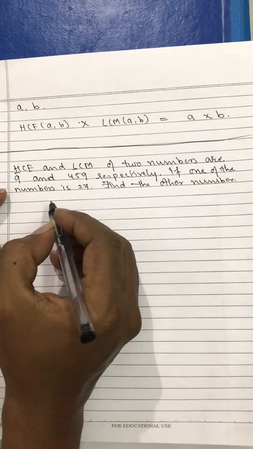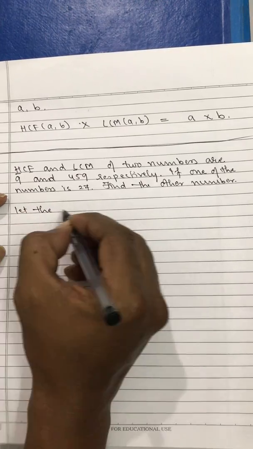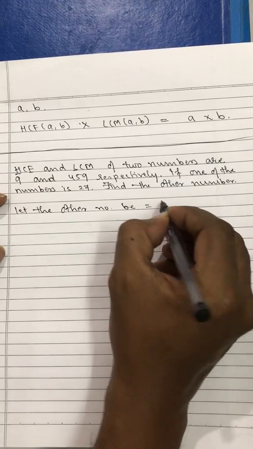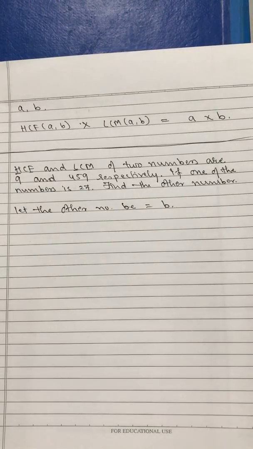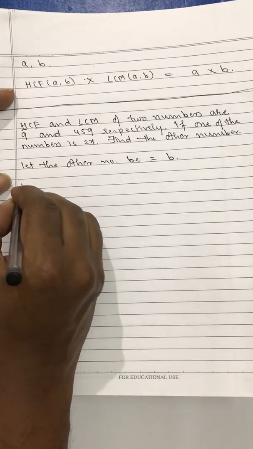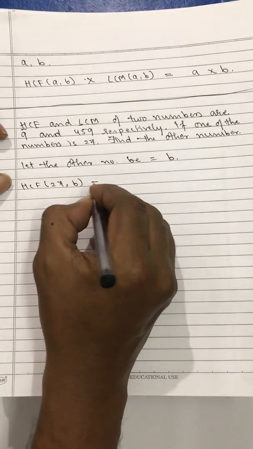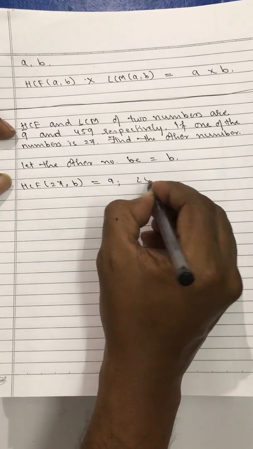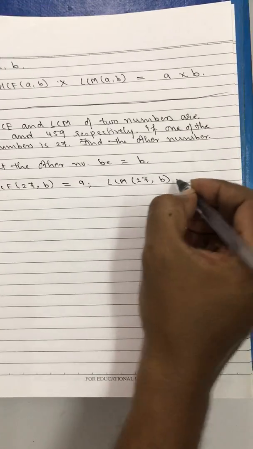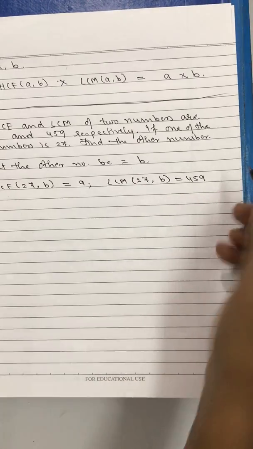So actually here we will say, let the other number be equal to B, or you can take A also, but because my one number is 27. So what I will write here, HCF of 27 and B is equal to 9. LCM of 27 and B is equal to 459. Fine.